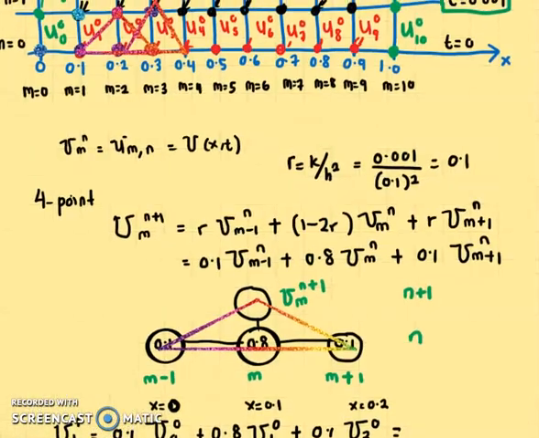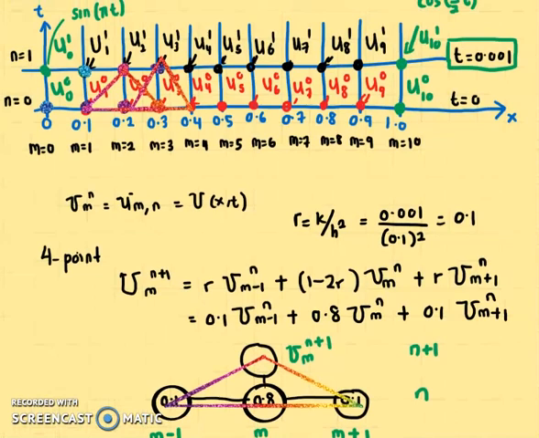So our idea is we need to fill up all these values. We need to obtain all these values for t equals 0.001. Like I said, this value you can obtain from the right hand side boundary condition. This is obtained using the left hand side boundary condition, which is this.